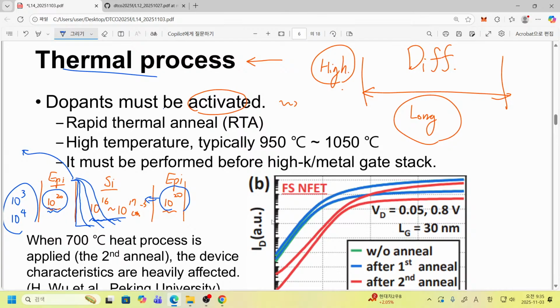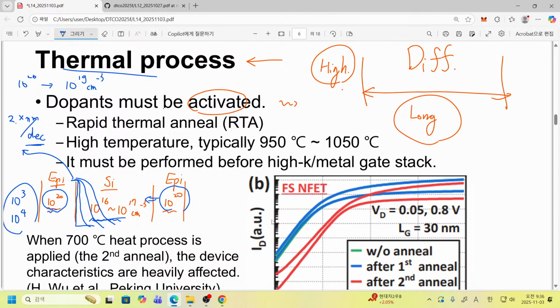The state of the art value nowadays, for a reduction of 1 decade, means that starting from 10 to the 20, where can you find 10 to the 19 per cubic centimeter in this doping profile? It is around 2 point something nanometer.